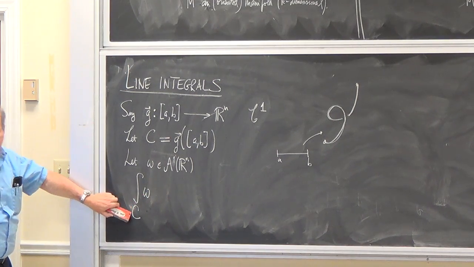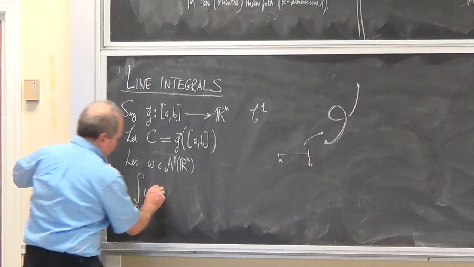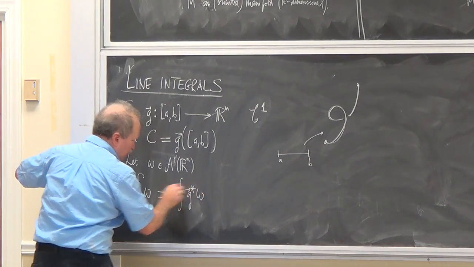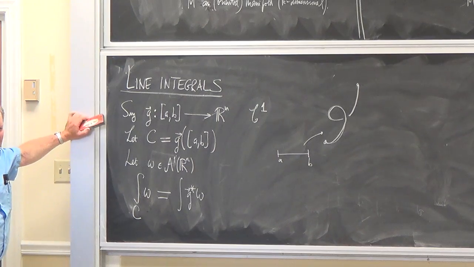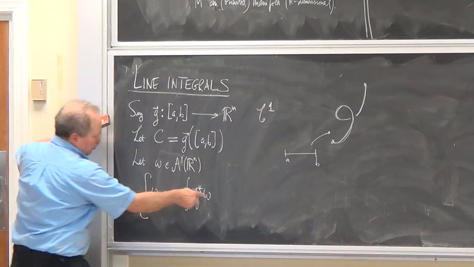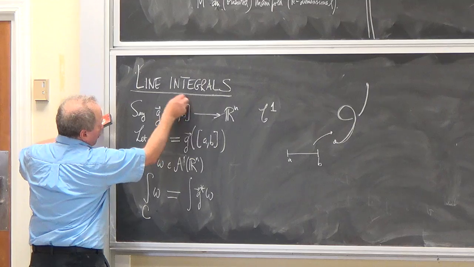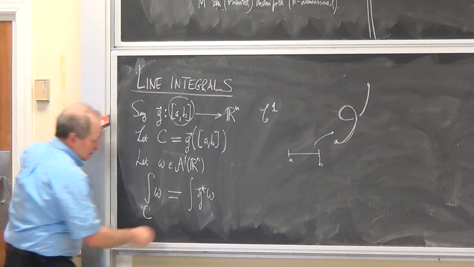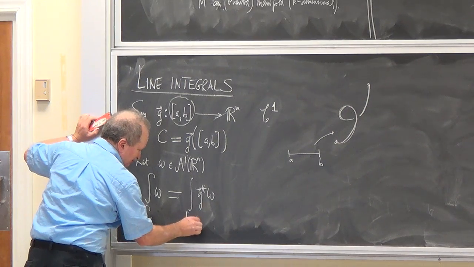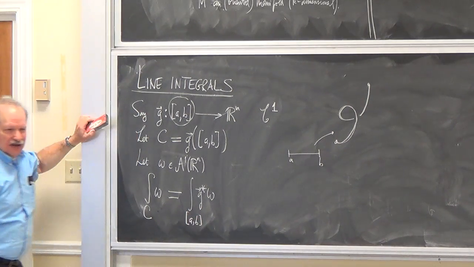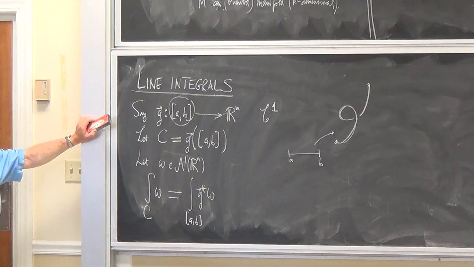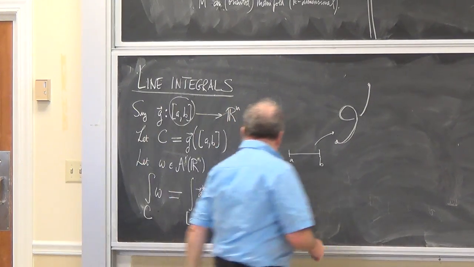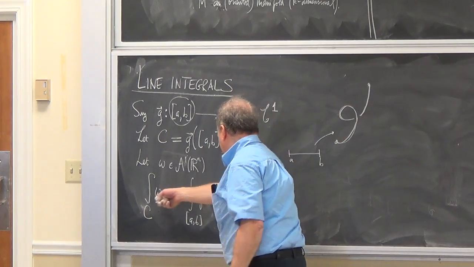One form, one dimensional. Pull back. This is like what we were actually doing yesterday, although you didn't know it at the time. When you pull back omega, you have a one form on the closed interval [a, b]. Well, you can just do the integral like you did in Calculus 1 or Calculus 2. So this is how you define it.